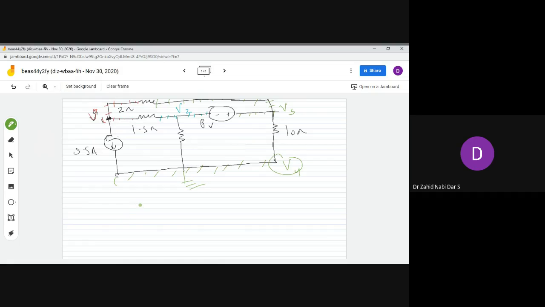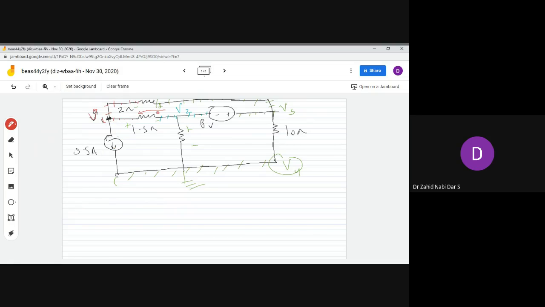Normally when we apply KCL, let's apply KCL to V1. First of all, as I told you, you will label it. So this is plus minus, plus minus, plus minus. Basically you have to take the passive sign convention, so your current is like this. One current is going like this.